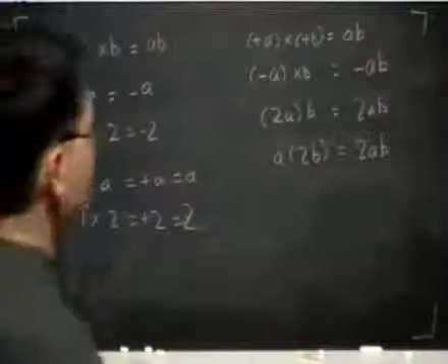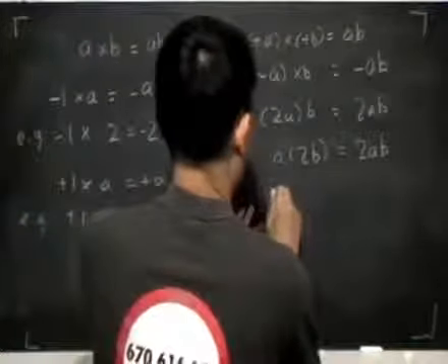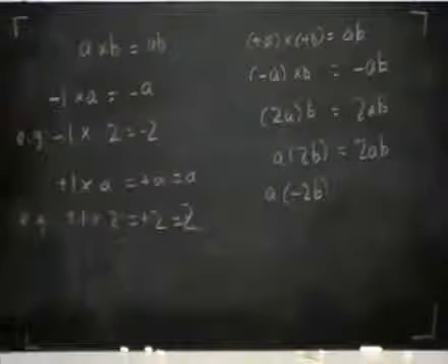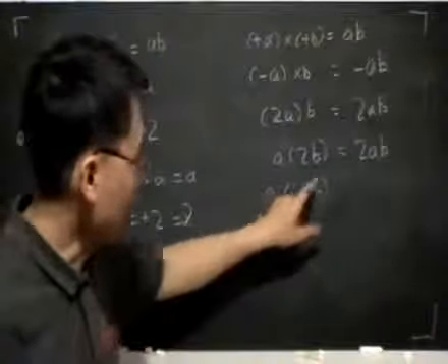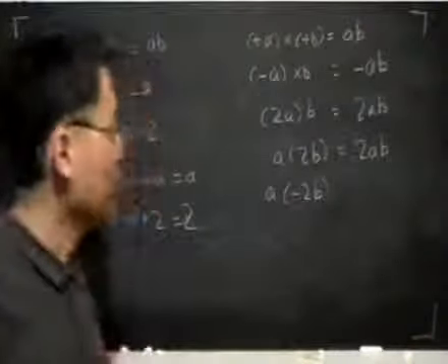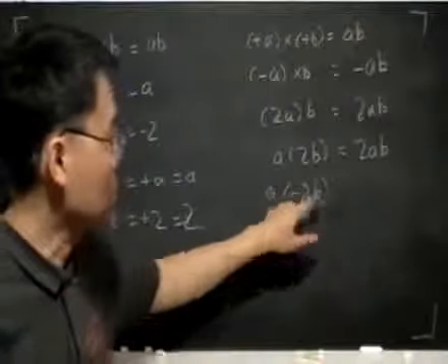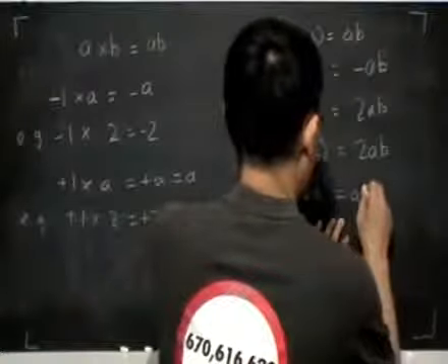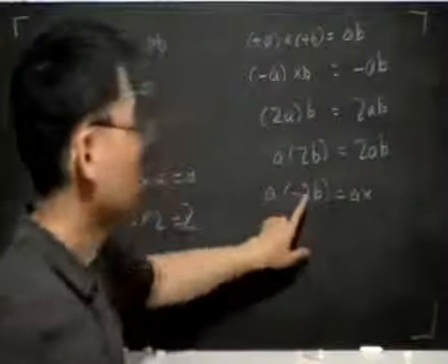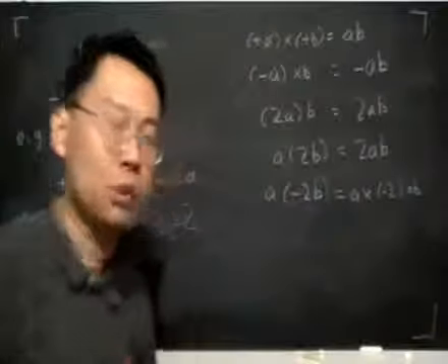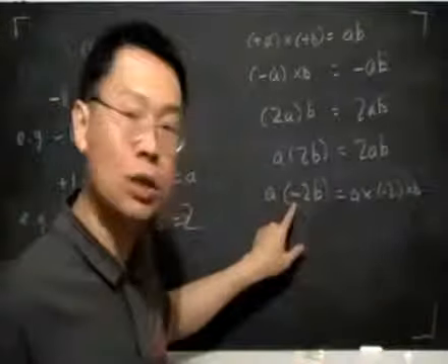And what if I have signs? What if I have A times minus 2B? Let's be a bit careful here. A times bracket minus 2B is not the same as A minus 2B. It really means A times this. Let's write that out a bit more carefully. So it means A times minus 2B. And minus 2B means minus 2 times B. So there is no actual subtraction anywhere.